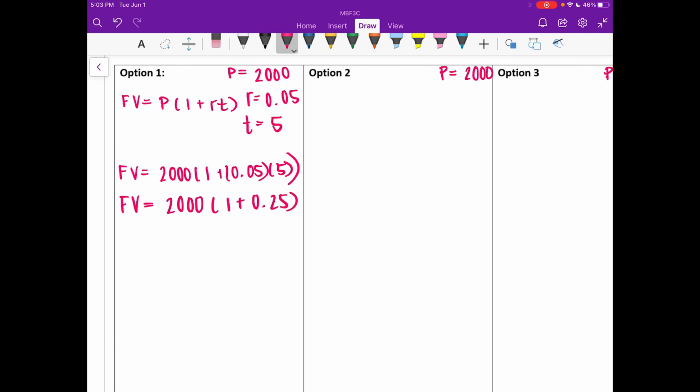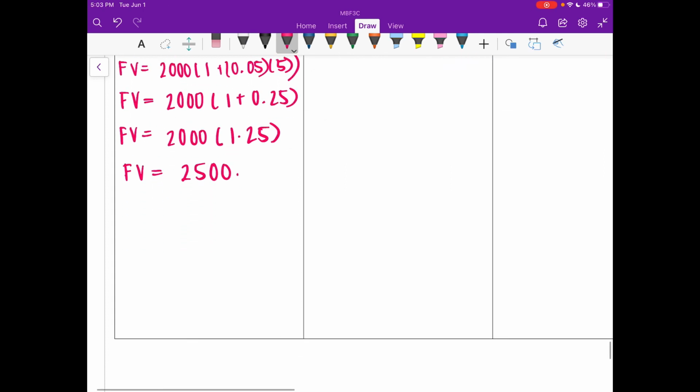I'm just showing it to you for the sake of clarity. Do whatever's in the bracket first. 1.25 times 2,000 is going to give us $2,500.